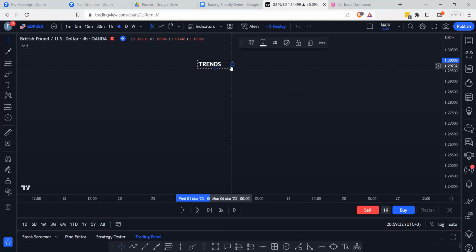There's strength in that particular currency. It is gaining value, so it is going up. That's a bull market. In that particular scenario, we say that the market is bullish, right? The market is bullish because price is going up.